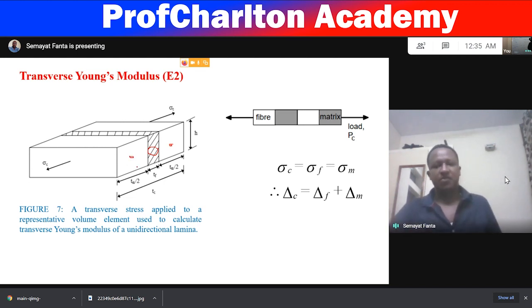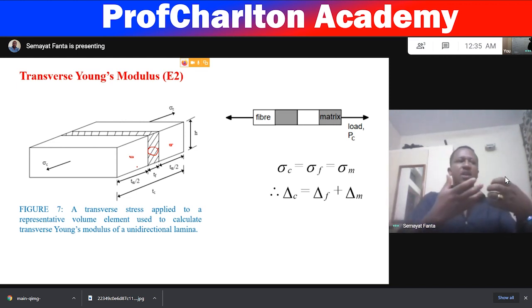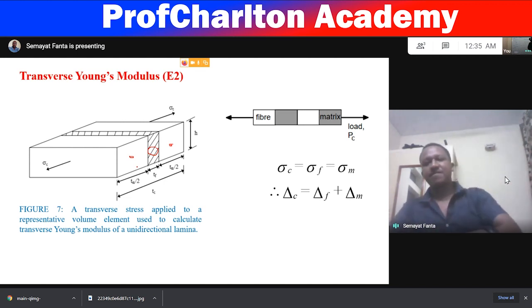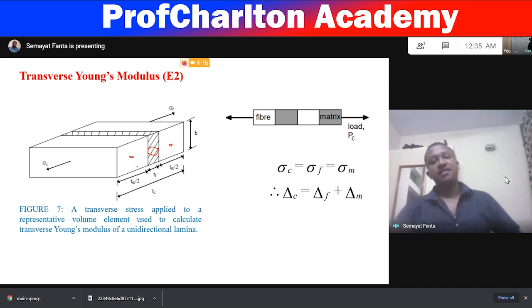Deformation is the sum of the two this time. In the previous case, the deformation is the same because we were applying the load in the direction of the fiber, so both fiber and matrix deform equally. But this time the deformation is the sum of the fiber deformation and the matrix deformation.